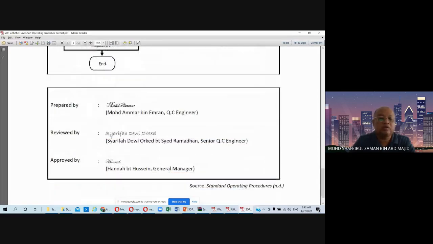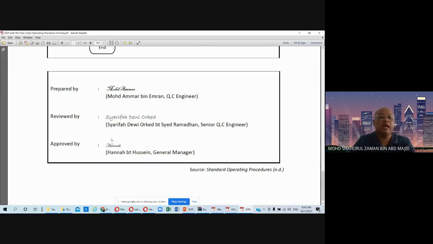Also do not forget to include this information: prepared by, reviewed by, and approved by. You put the signature, then your full name, and then your designation or your position in the company. Reviewed by, again the signature, the name of the person in charge, and the designation or position.